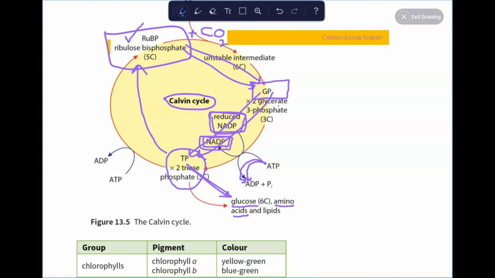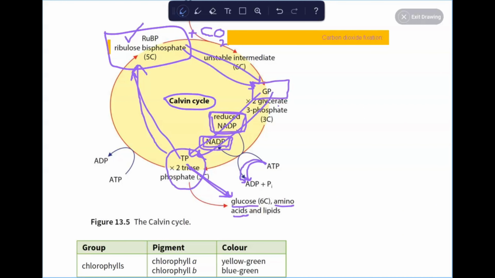The second choice for TP is to make RuBP, which is a 5-carbon compound. The first priority of this TP is to convert into the 5-carbon compound, that is 5 times as compared to the glucose, which is 1 time, so 5:1.